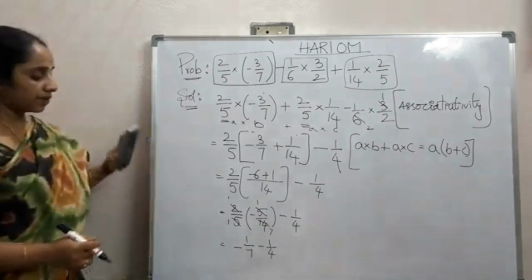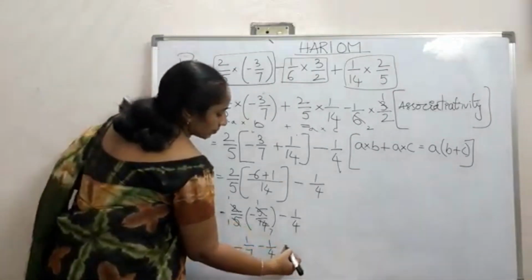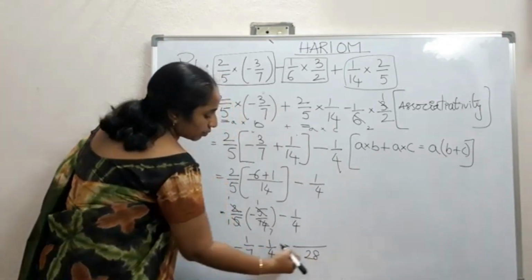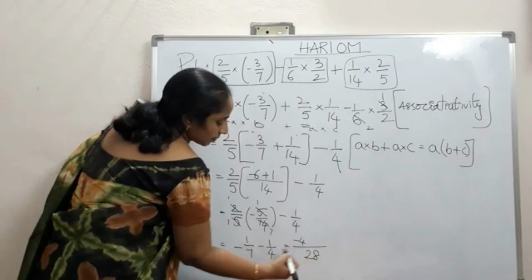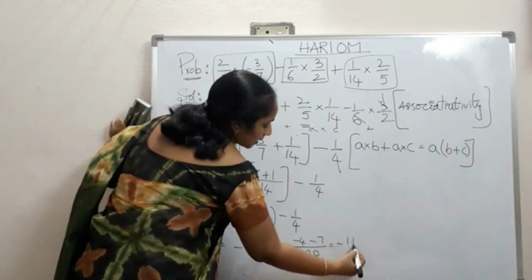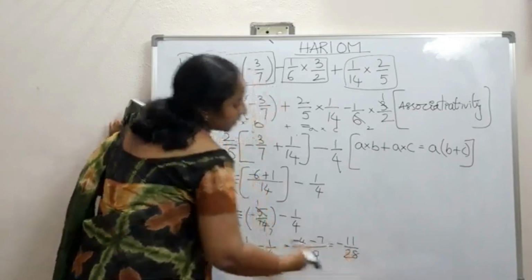So by simplifying these two, the LCM is 28, 7 fours, 4 ones, 4 sevens, 7 ones, it is minus 11 by 28.